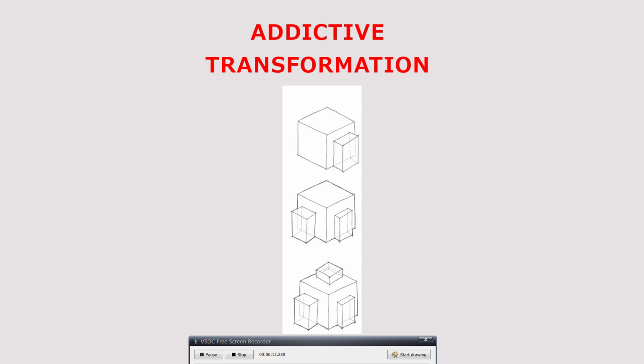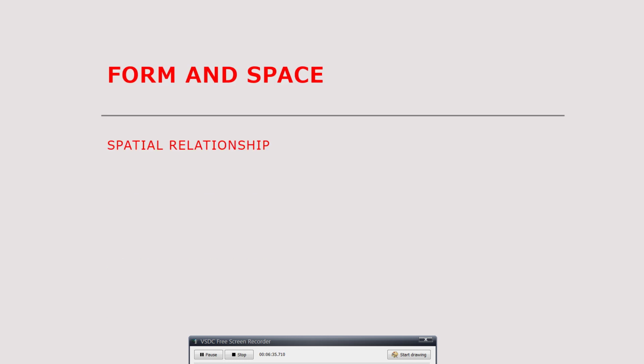Siyempre nga, di ba? Adding ng isa pang shape sa isa pang shape. This additive transformation, for example, para mga modular houses or modular buildings. Kasi nag-add ka ng isa pang square or cube. Diba? Pinapatong-patong mo.